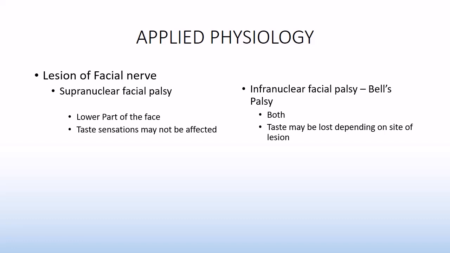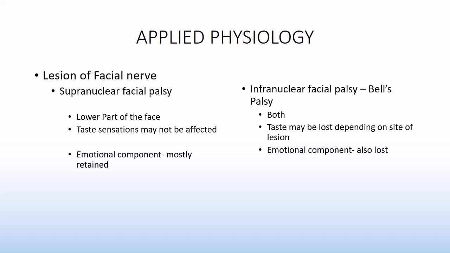Now the third difference is in case of supranuclear facial palsy, the emotional component mostly is retained. Now there are two types of components, voluntary component and emotional component, which is involuntary. Only the voluntary component is affected in case of supranuclear facial palsy. The emotional component is retained, so some of the facial expressions which are emotional may be visible in case of supranuclear facial palsy. In case of infranuclear facial palsy, both these components are lost, voluntary as well as emotional.